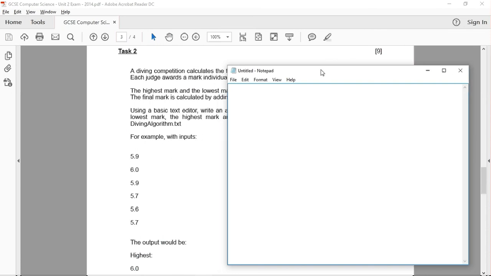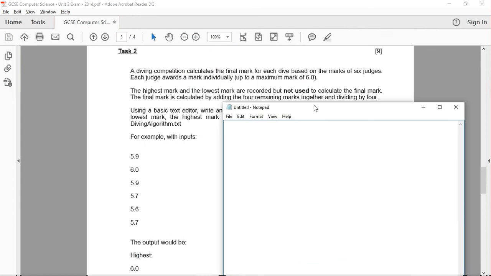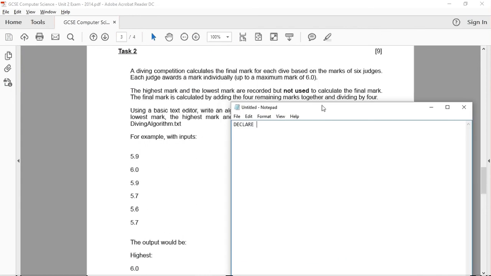Now I'm going to guess here. We're going to need declare highest mark as integer, declare lowest mark as integer, declare final mark as integer.